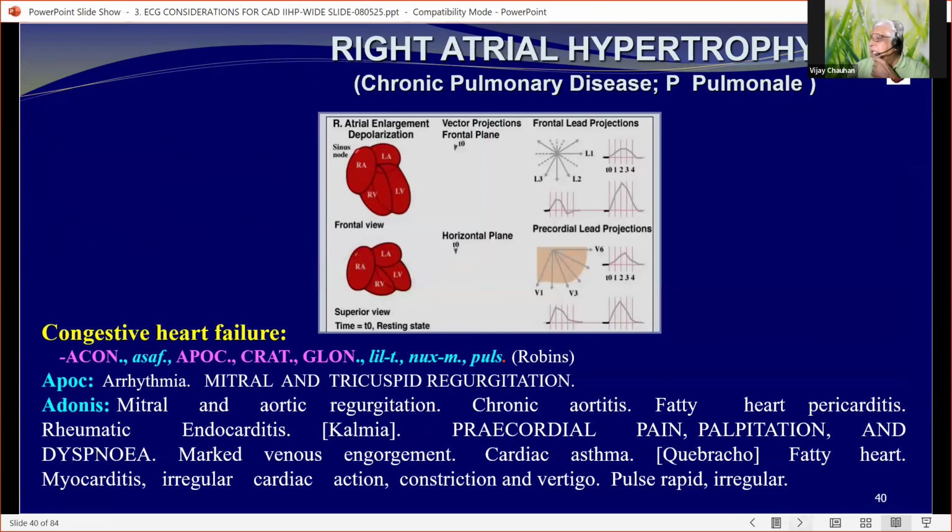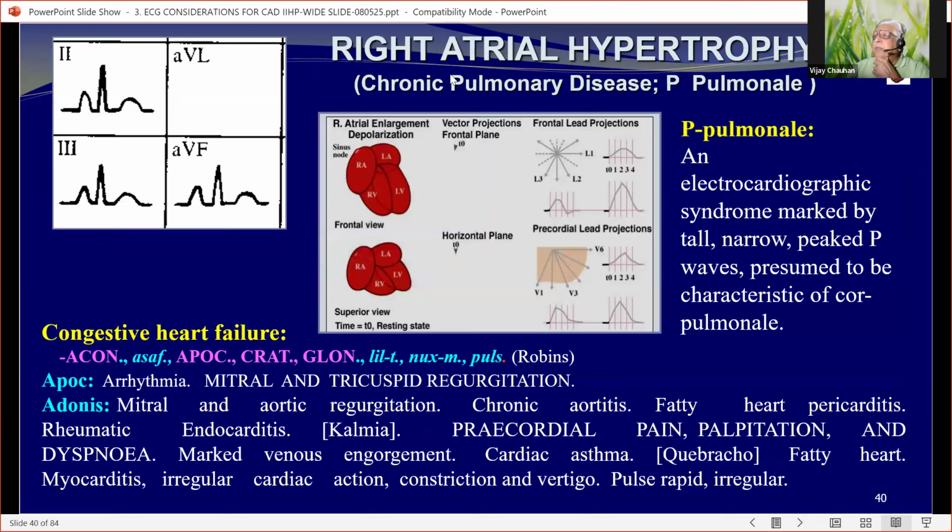Now we go to right atrial hypertrophy, which we call P pulmonale. P pulmonale usually occurs in chronic bronchitis, bronchiectasis, emphysema, maybe COPD, obstructive airway disease, because there is resistance in the lungs, and that resistance is met by the right ventricle.